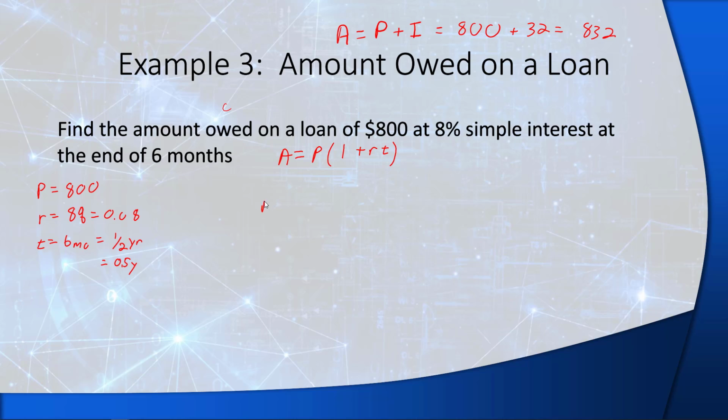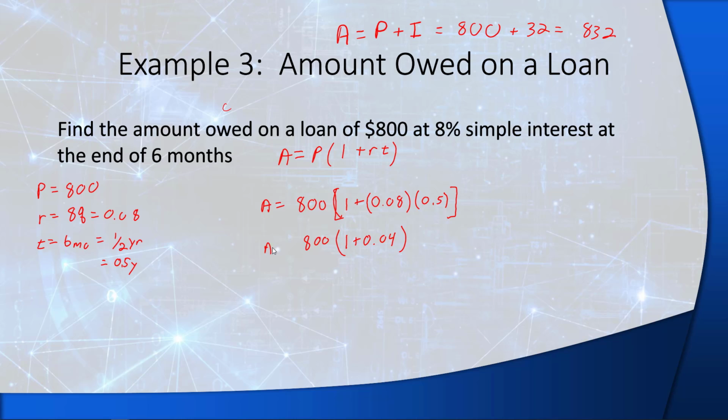So A is going to be equal to 800 times 1 plus R, which is 0.08, times T, which is 0.5. Well, 0.08 times 0.5 will be 0.04, so we'll have 1 plus 0.04 times 800.